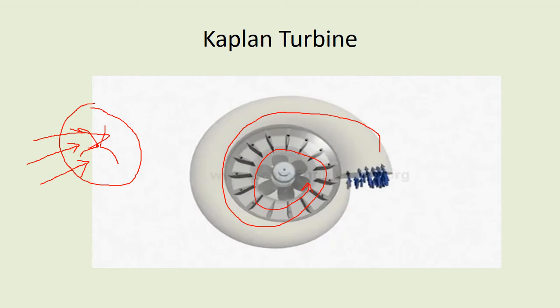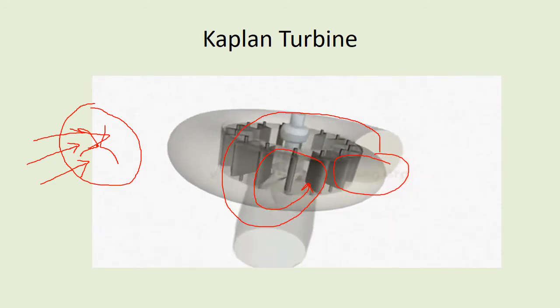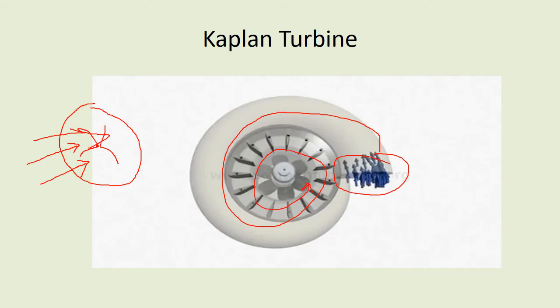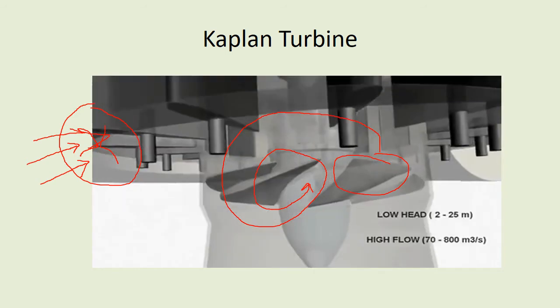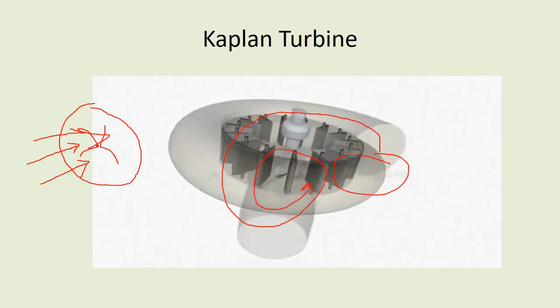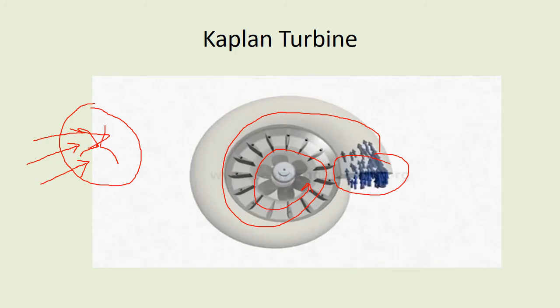Now if you see the cross sectional area of the inlet, it is quite large compared to the Pelton turbines. Okay, so a large cross sectional area of the inlet, or the penstock, means that the quantity of water entering into it is quite more.